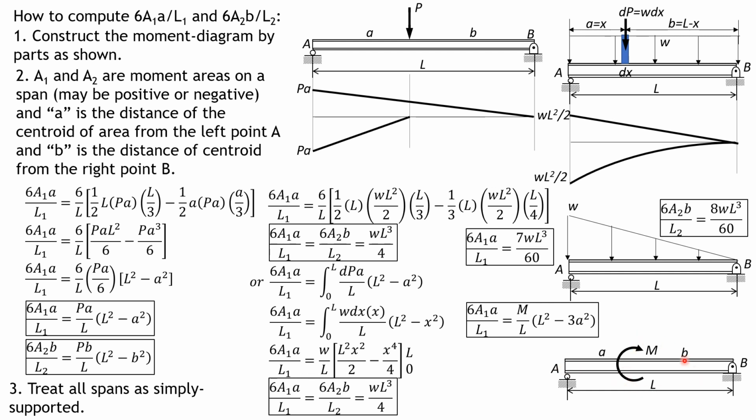And if the moment is clockwise, like in the figure; if the moment is counterclockwise, you just replace M here by negative M and the formula remains the same. While the value of 6A2B over E2 I2 L2 at the right side is equal to M over L quantity 3B squared minus L squared.